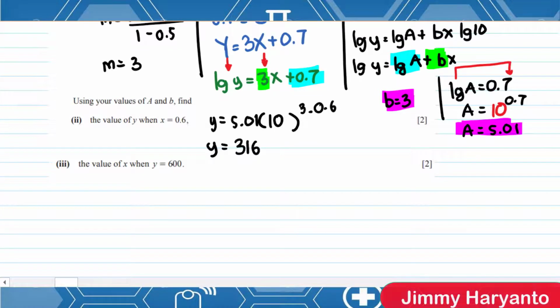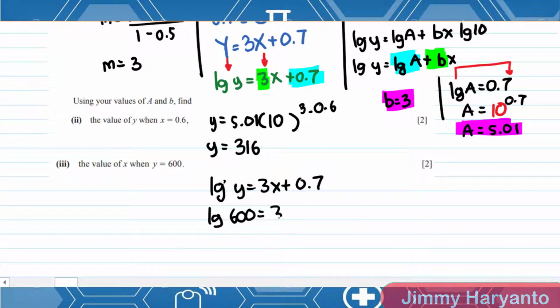And then for this one, I will use the LG. We can use the y or we can use the LG, depending on which is easier. LGY: LG 600 equals 3x plus 0.7, and we don't know the x yet.